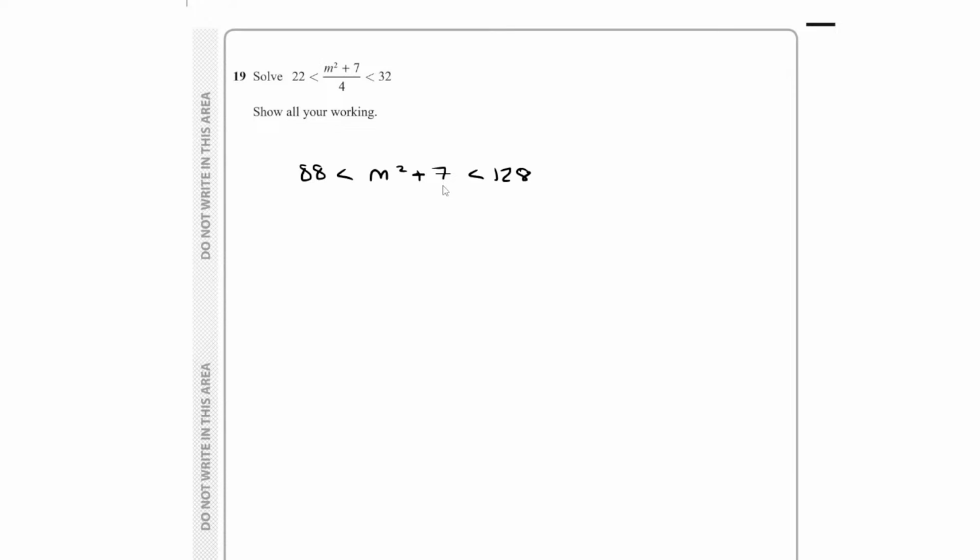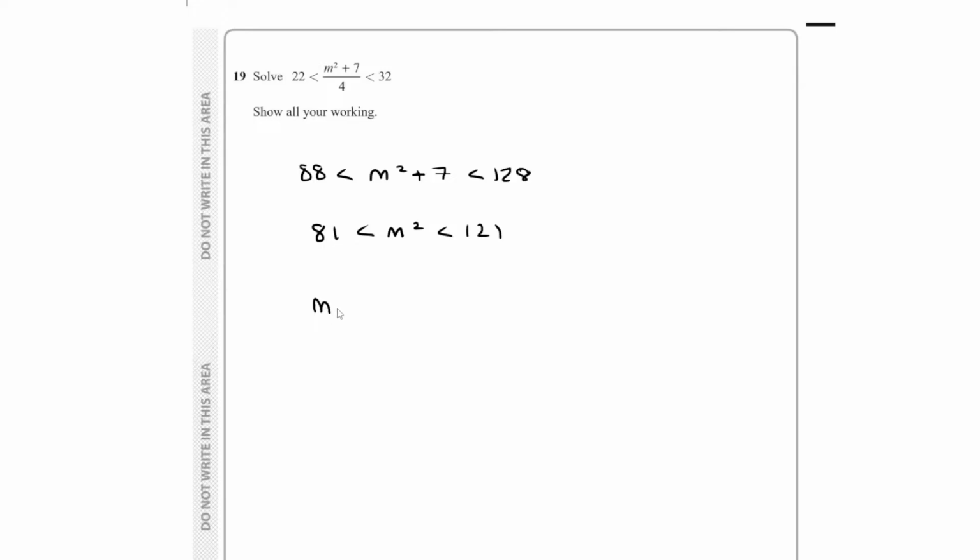Okay, obviously I'm going to move the 7 as well. So subtract 7, so you get 81 less than m squared, less than, what's that, 121, which you can see, hopefully you can recognize these are now square numbers. Obviously we're going to square root, but the thing to consider is when you square root you get plus and minus, don't you?